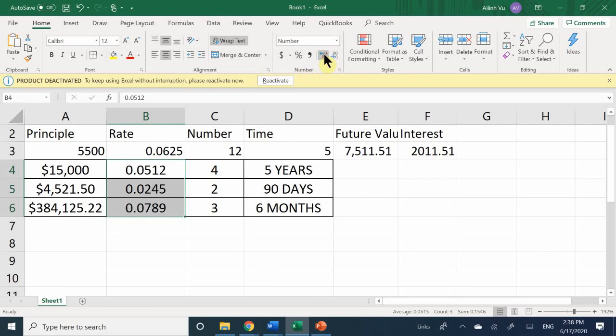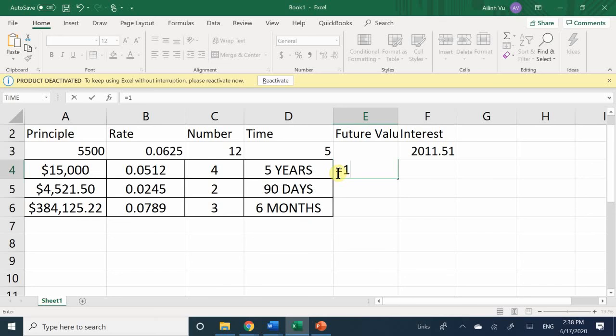I have 5.12%, and this time it's going to compound 4 times a year, so quarterly. And I have 5 years, 90 days, and 6 months. So in this case, what am I going to be entering into my formula?